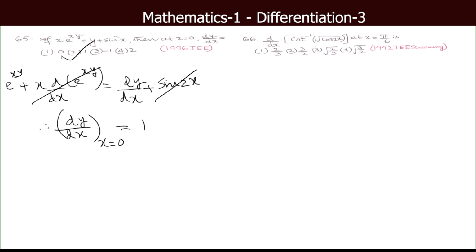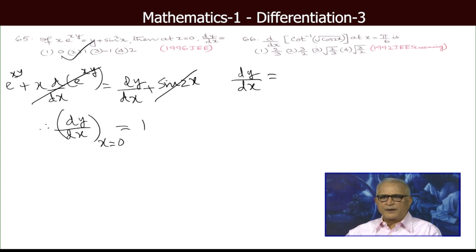66. Derivative of arc cotangent root cos 2x at x equal to pi by 6, screening paper of the JEE 1992. So, dy dx, let us put this as y. Y is your function arc cotangent square root of cos 2x. You are asked to evaluate the derivative dy dx at x equal to pi by 6. First of all, apply chain rule.